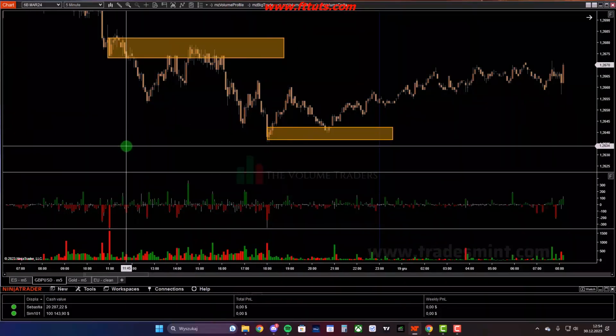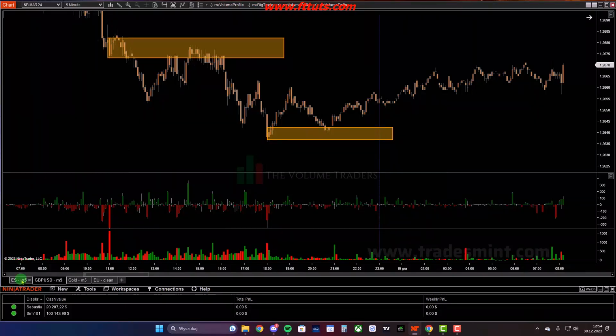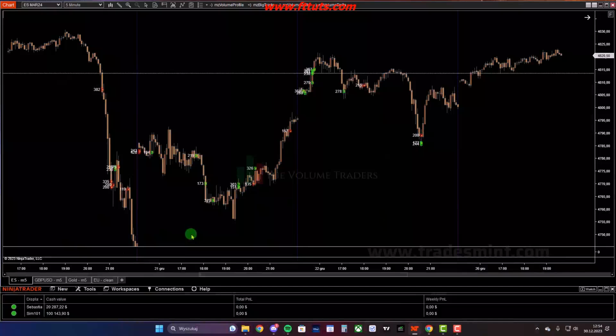And the last one, the most difficult, but I want to show it to you, is based on the Big Trade tool. It's hard to spot the correct areas. I use this only for fast scalping.